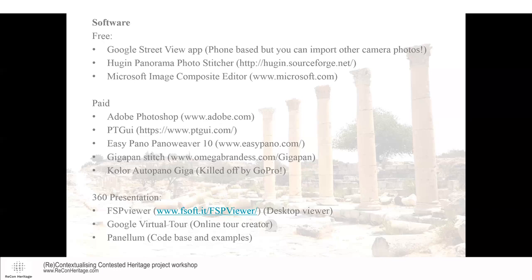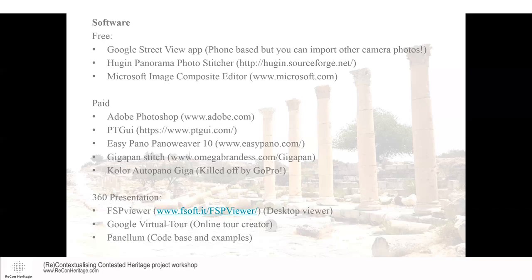Unfortunately, GoPro bought it, and because GoPro make a camera that takes instant 360s, they got rid of the software. They bought it in order to kill the software off. So you can't buy it anymore, which is really frustrating. However, there are still a few copies kicking about on the internet. So if you can find a copy, it's really good. There are a lot of parts of the process that it automates and is really great for.